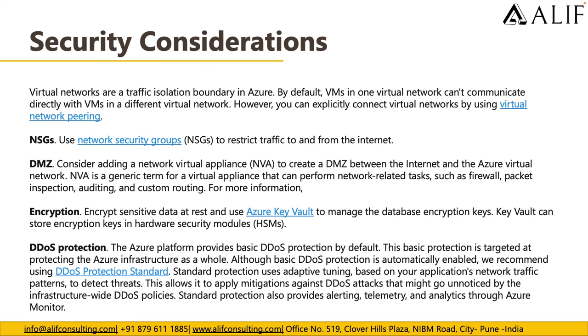Now let's talk about the security considerations. As I explained a few slides ago, there are a few security considerations you can use. In the same way, you can have your NSGs to restrict the traffic from the internet, if the customer is very cost conscious about the project.